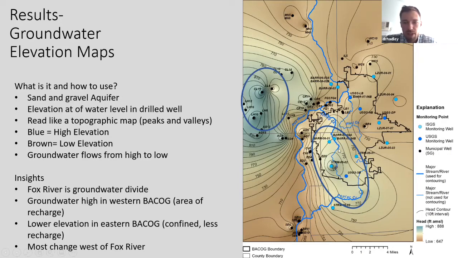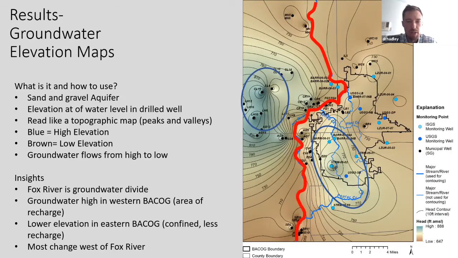So there's lots of lakes and wetlands and also Spring Creek itself. And every year, as we march through these slides, you're going to see that the elevations of the groundwater are just really high here every year. And so these are two important areas of recharge.